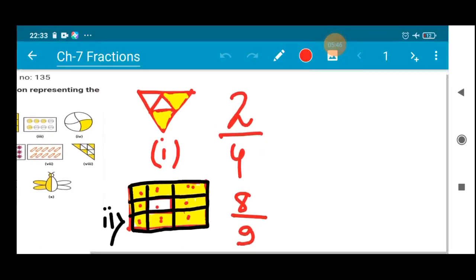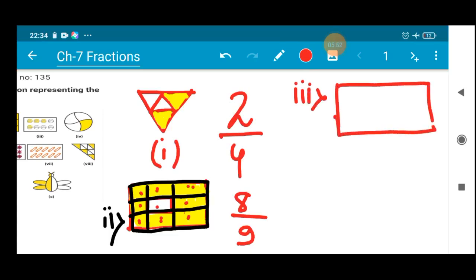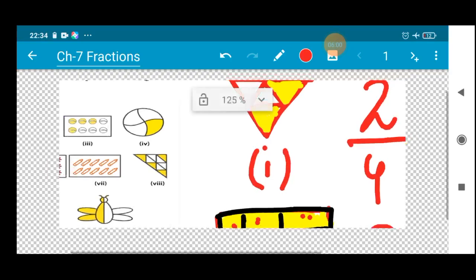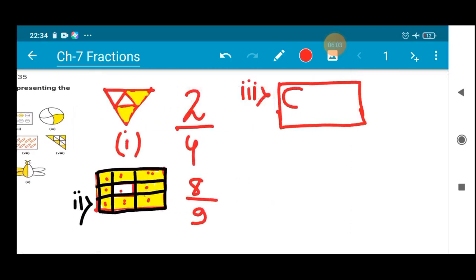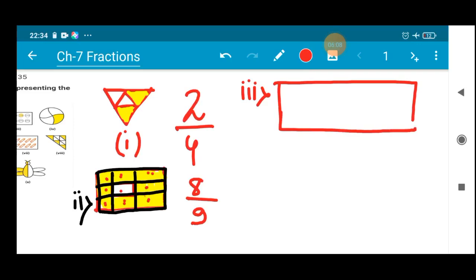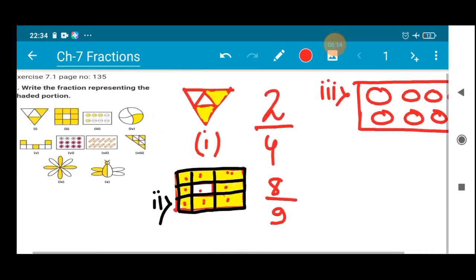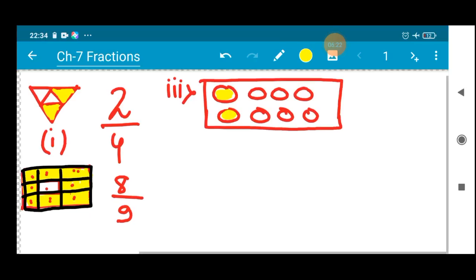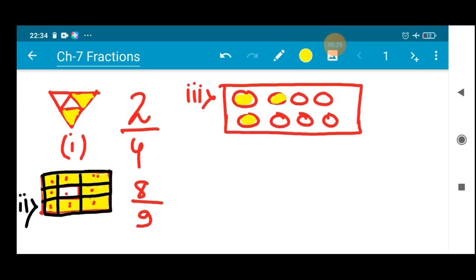Moving to the next, we have number 3. In one rectangular box, you can see how many balls there are. 1, 2, 3, 4, 5, 6, 7, 8 balls are there. Let me make it a little bigger. 8 balls are there, and 4 parts are covered with the yellow color. 1, 2, 3, 4.